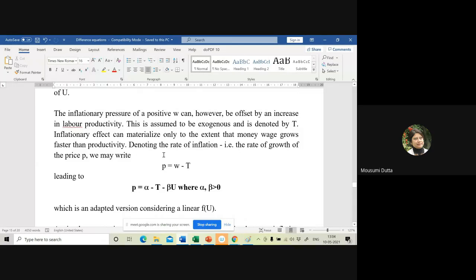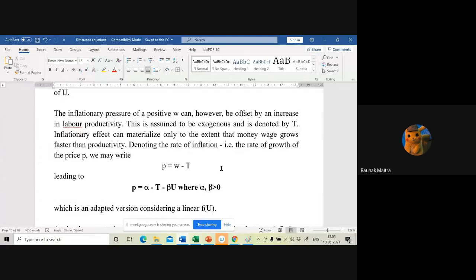Labor productivity, you know, because though there is a relation between the inflation rate and the wage rate, in between, labor productivity may go up, and if labor productivity increases, that will reduce the inflationary pressure in the system. And for that matter, we are bringing T. Now, what is the exact problem with this equation? Would you please tell me what is your basic question?